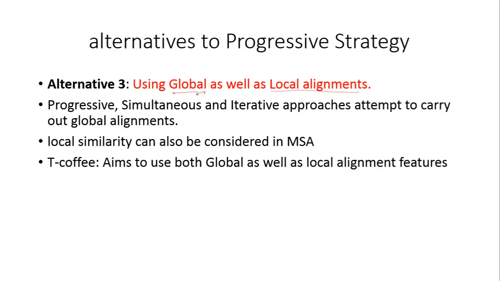The alternative 3 that we are going to talk about, where the T-Coffee algorithm belongs, uses the global alignment information as well as local alignment methodology for creating your multiple sequence alignment. So this local similarity can also be considered in MSA, and this is where your T-Coffee algorithm lies. It aims to use both global as well as local alignment features in its algorithm.